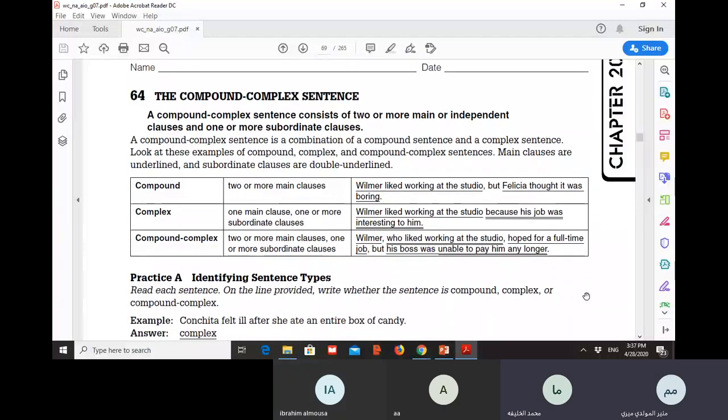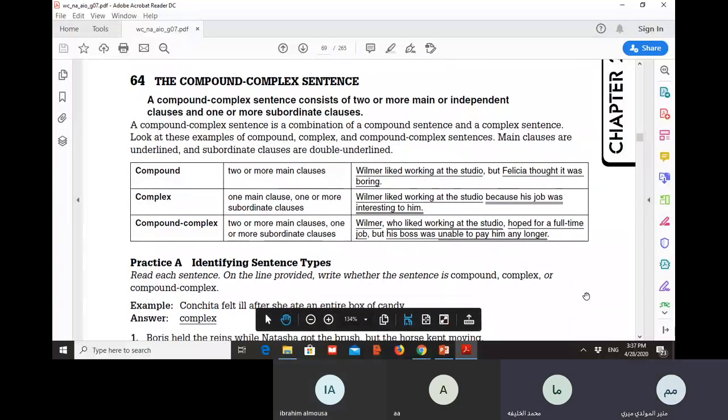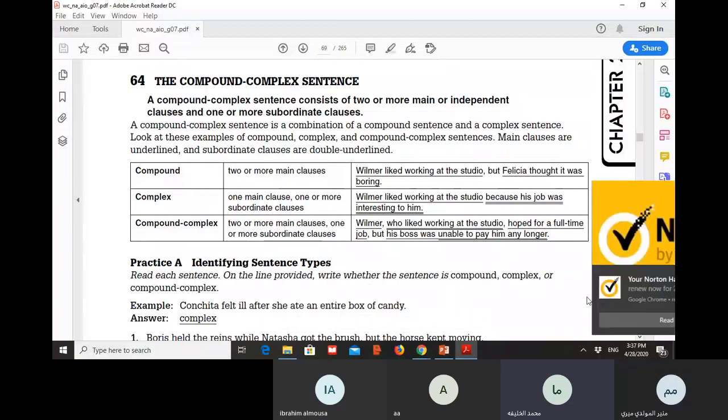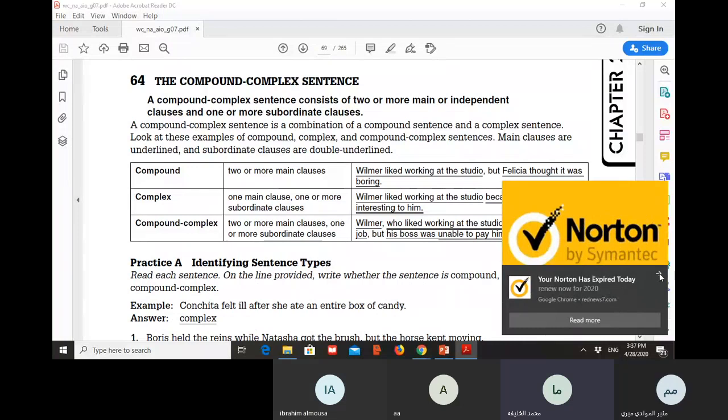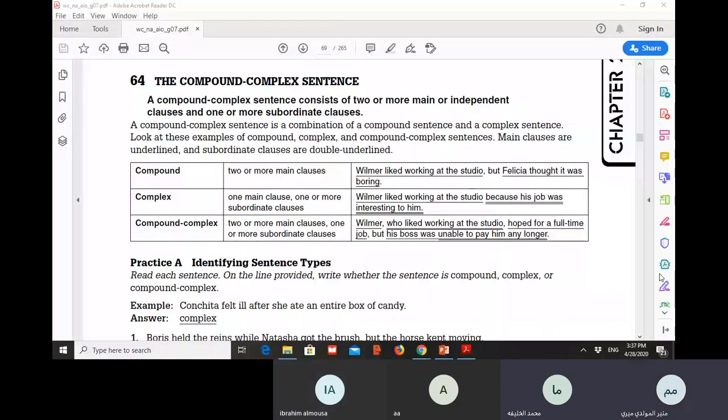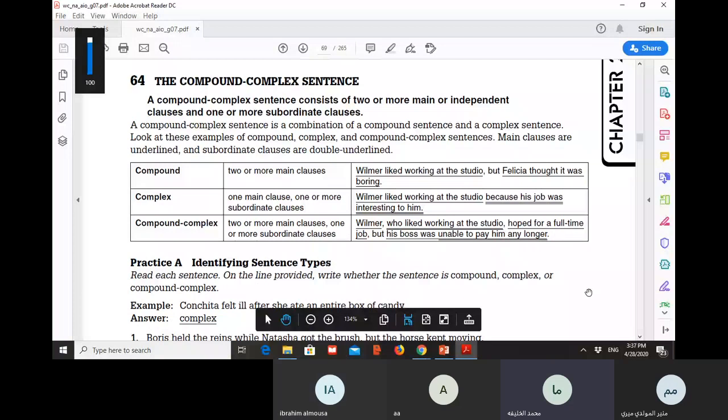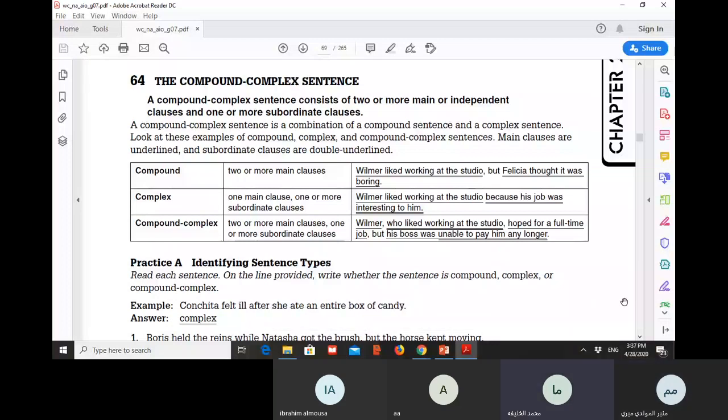A compound complex sentence consists of two or more main or independent clauses and one or more subordinate clauses. A compound complex sentence is a combination of a compound sentence and a complex sentence. Look at these examples. Main clauses are underlined and subordinate clauses are double underlined. Compound, two or more main clauses: Wilma liked working at the studio, but Felissa thought it was boring.